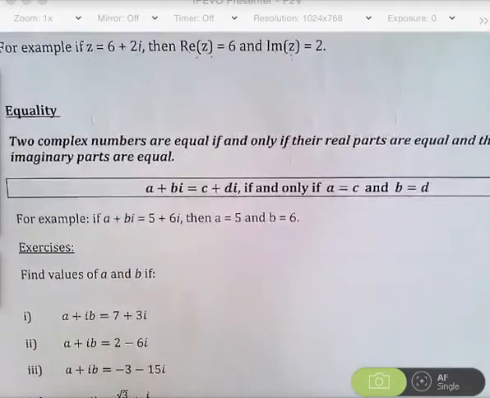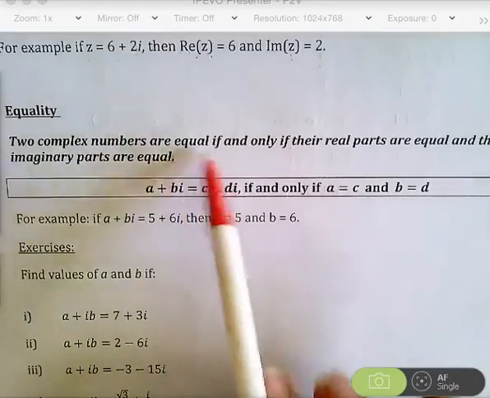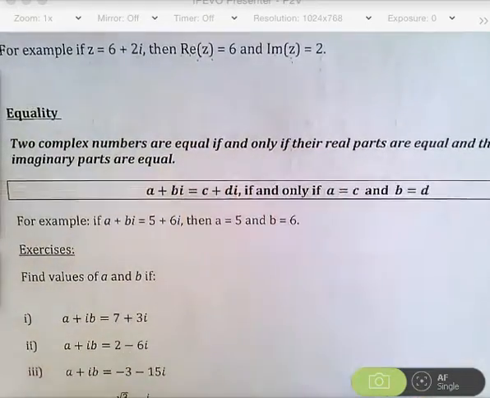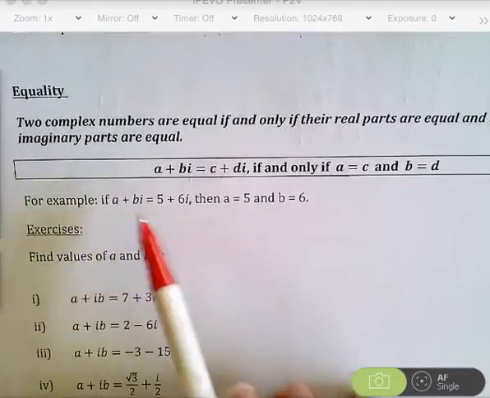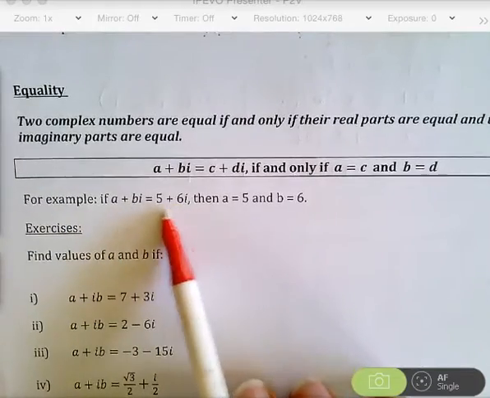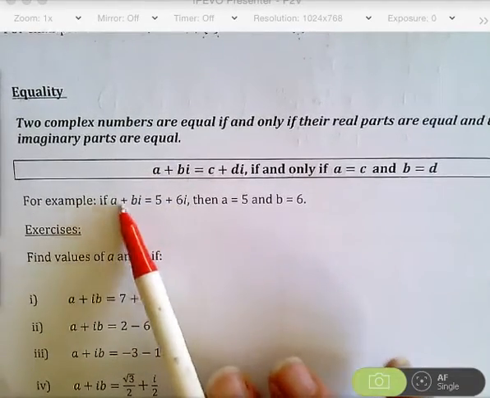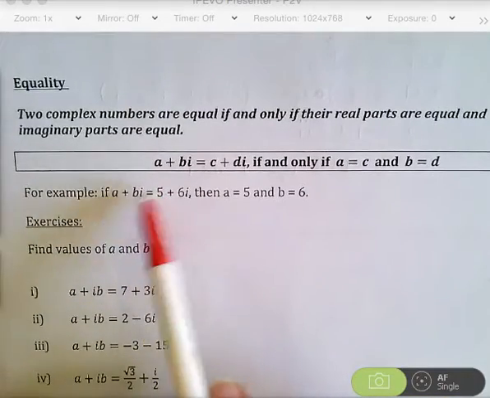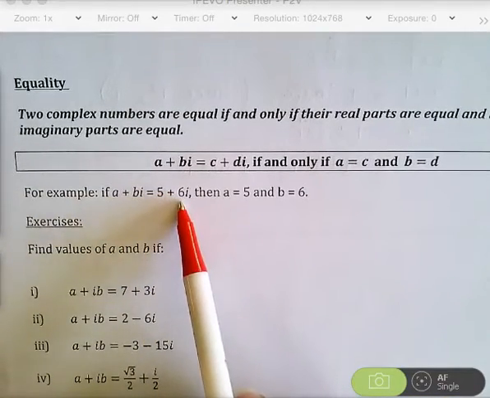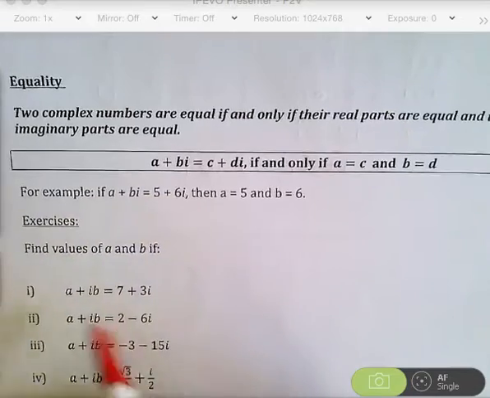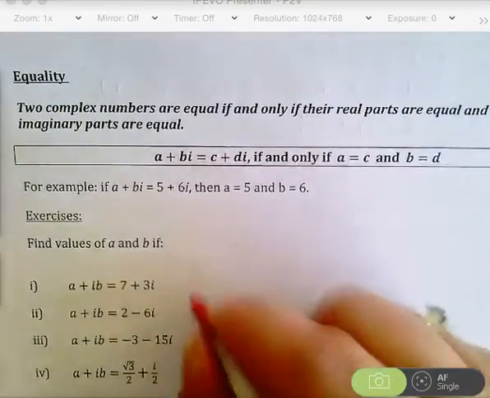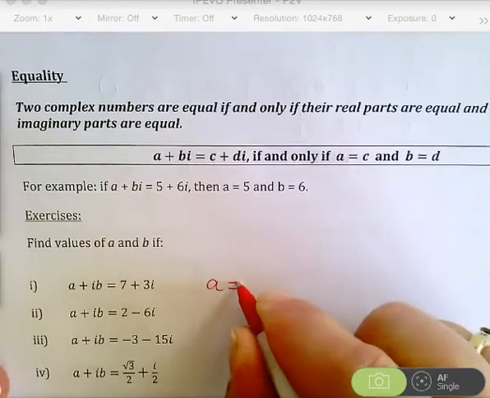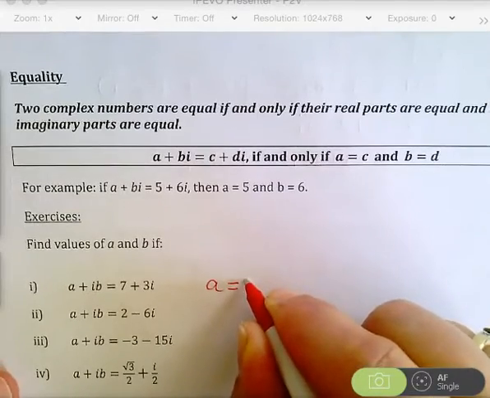So, 2 complex numbers are equal if and only if their real parts are equal and their imaginary parts are equal. That's just common sense. So in other words, it's really basic. If a plus bi equals 5 plus 6i, then doesn't it mean that a is 5 and b is 6? Can you see that? So if a plus ib equals 7 plus 3i, then a is, these are easy. What's a?